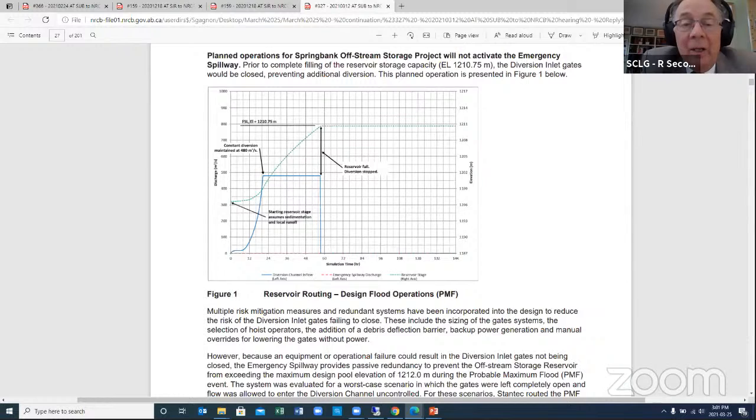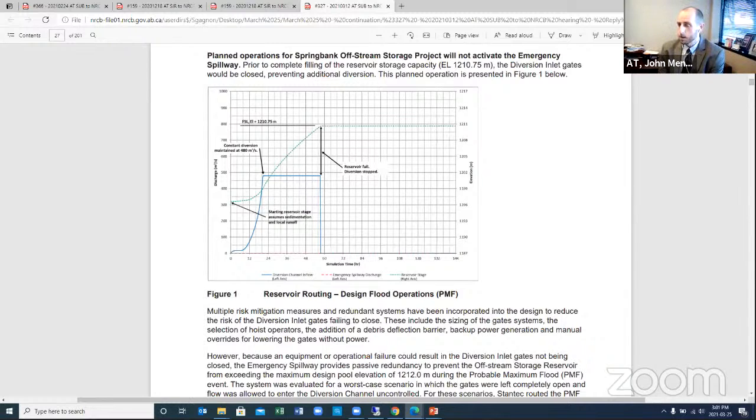So not a leisurely drain over 30 days, but a dam safety incident that requires a rapid dewatering of the SR1 reservoir. So the question is, what are AT's contingencies should such a dam safety incident occur?